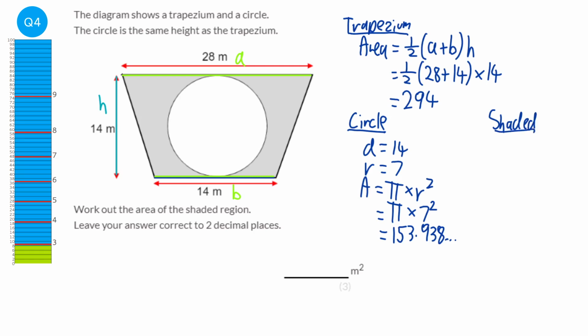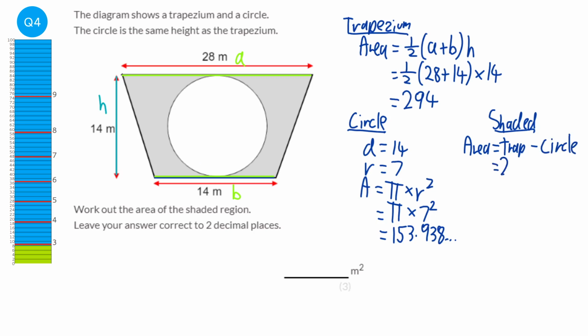and it says we want to work out the area of the shaded region. So the area will be the total area, which will be the trapezium, take away the area that we don't want, which is this bit here, which will be the circle.